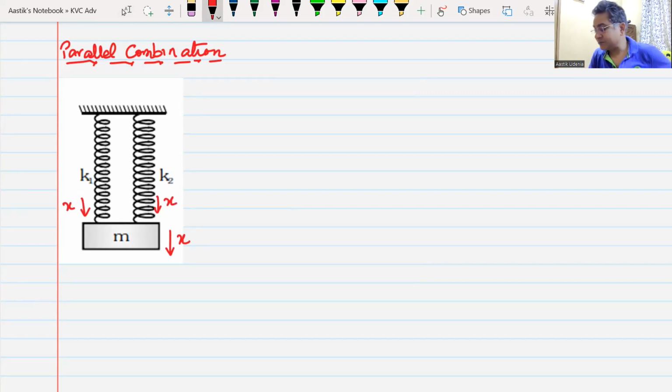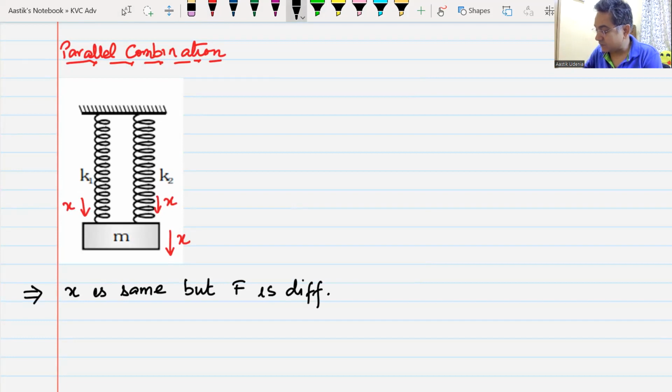Yes or no? Yes, sir. So here what you have to remember in this type of combination, x is the same. The extension in all the springs is the same, but forces acting on the springs are different. Do we understand this?